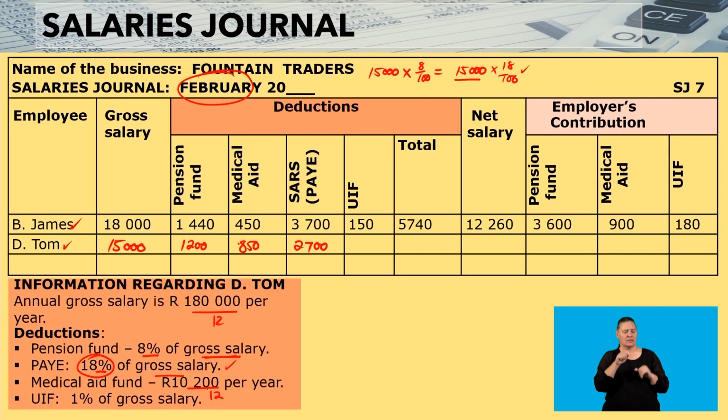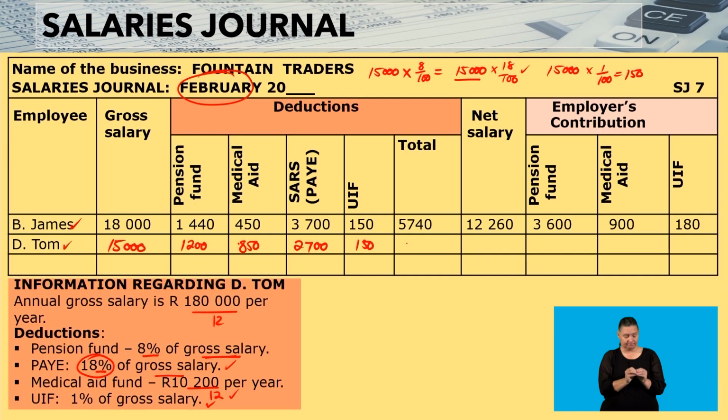I took 10,200, I divided it by 12. Lastly, I have UIF, and they said it is 1% of gross. My gross is 15,000, and I'll calculate 1% of that. That is going to give me 150. I'll come now to my UIF, 150.